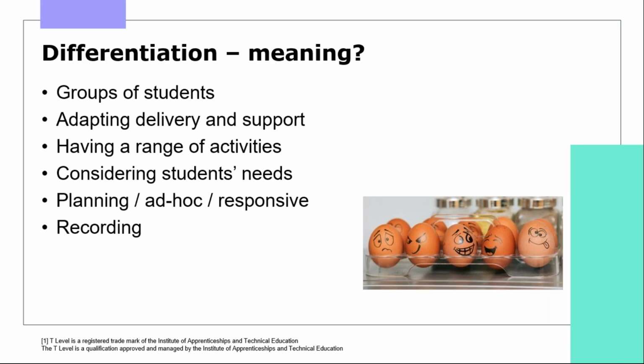And how to record all of this? Planning a range of support and extension activities for specific students is one way, but just as important are informal annotations on lesson plans and schemes of work, showing how learning has been adapted and differentiated in direct relation to the students' progress and learning needs.